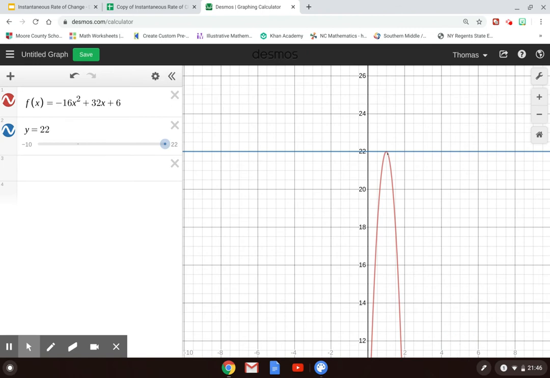If I look at it, the slope of my tangent line was 0. This is a straight horizontal line, which means it's a zero slope line. What that tells me is that when the ball reaches right up here, which we know from studying parabolas is the vertex of the parabola, it's actually not moving at all because it's making the turn and getting ready to drop down. So you would just have as your rate of change for this problem 0.